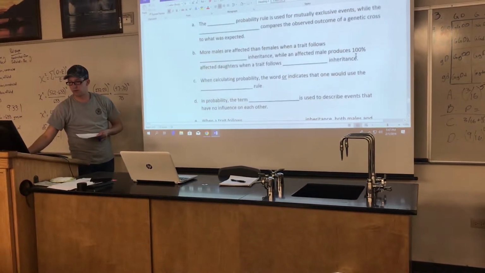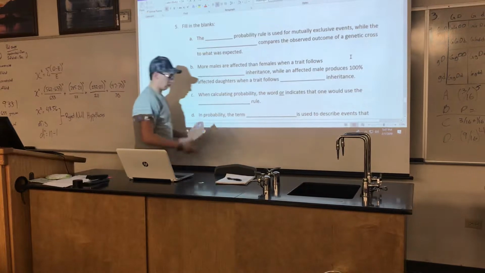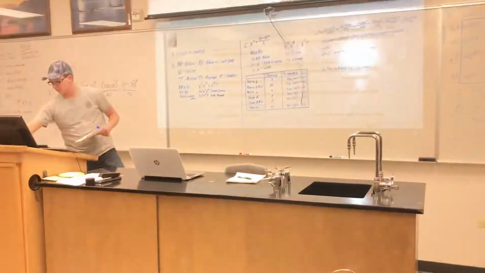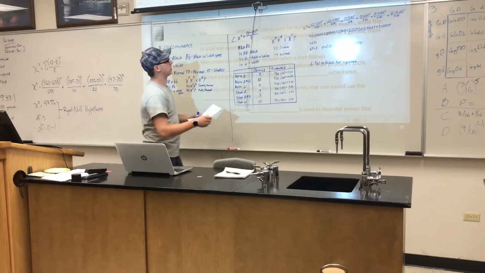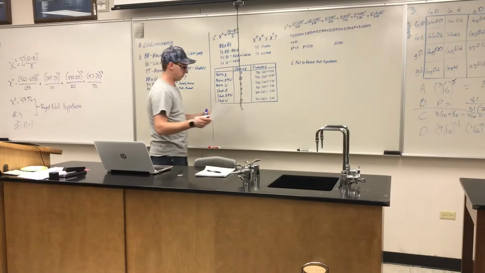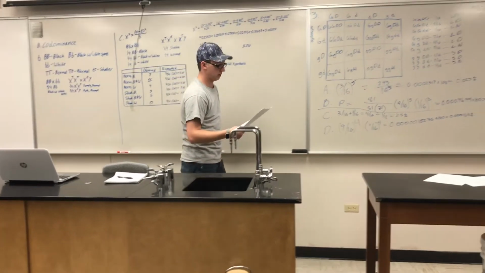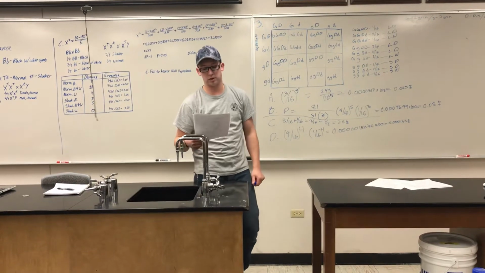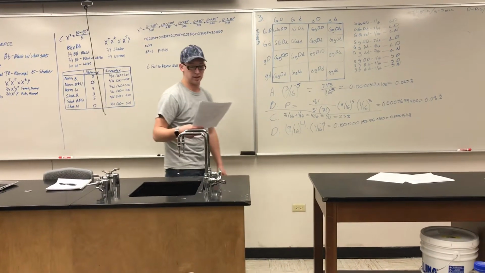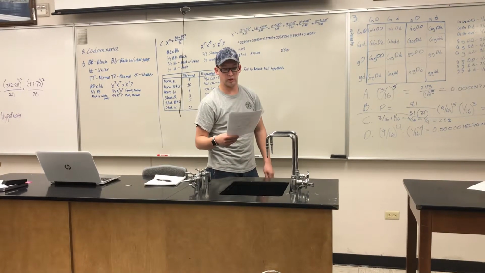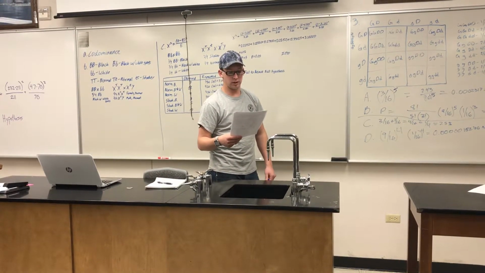Okay, so for our fill in the blanks, we're just going to turn this off. Okay, so we're just gonna give those answers reading to you. So for A, we have the sum probability rule is used for mutually exclusive events, while the chi-square test compares the observed outcome of a genetic cross to what was expected.